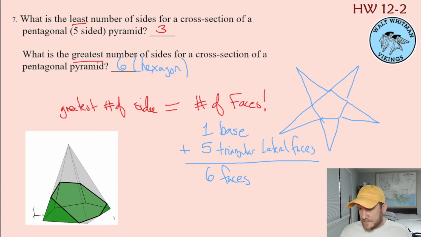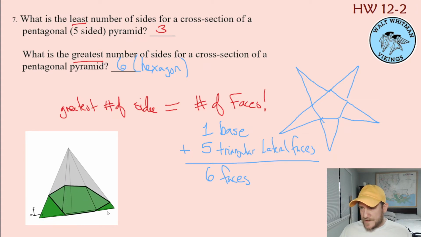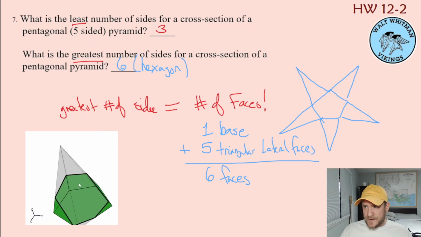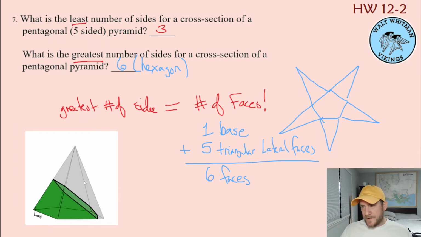I guess right there I'm doing it. In this orientation, you can see I'm hitting the base, this triangular lateral face, this triangle, this triangle, this triangle, this triangle. I'm hitting all the faces, and so I am getting a cross section that has 1, 2, 3, 4, 5, 6 sides. So there's my hexagonal cross section. You can see that it's definitely possible.